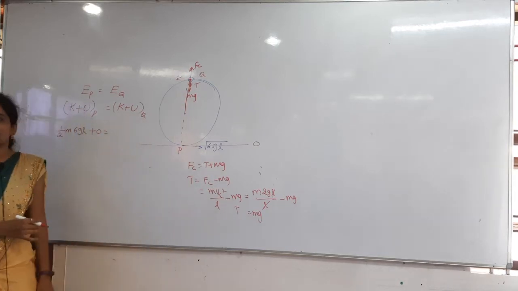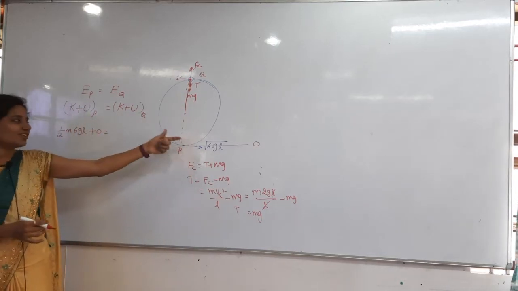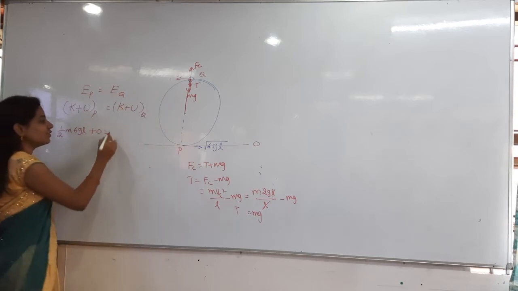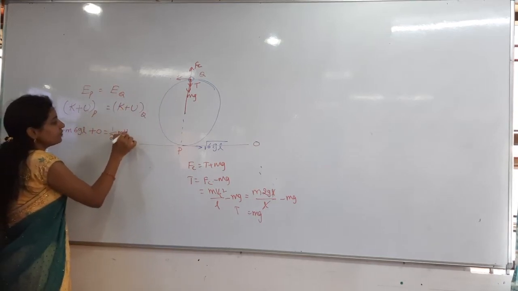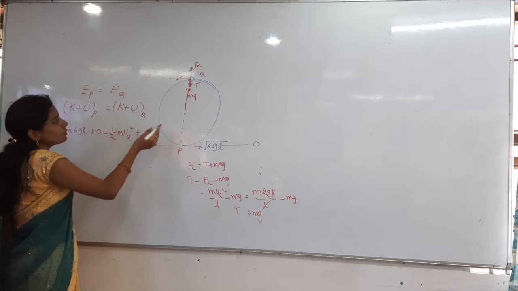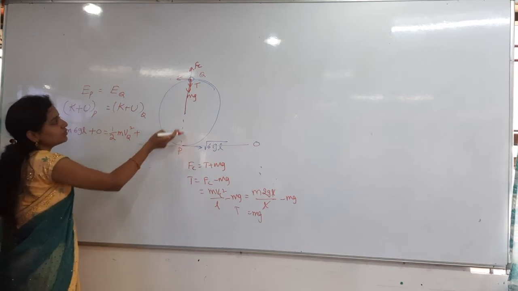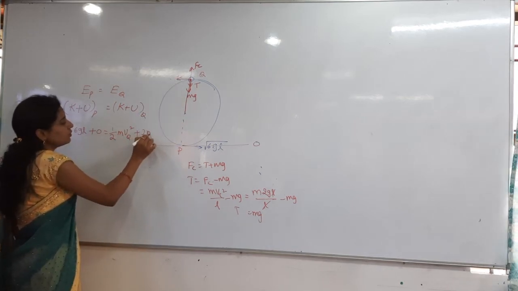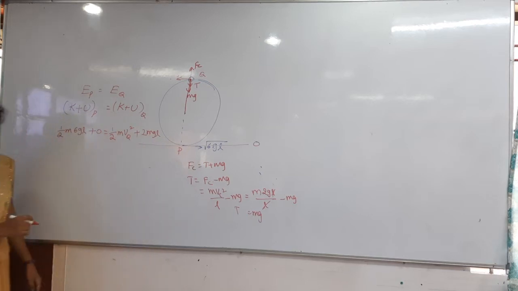Half m vq square plus the potential energy, which is mg into 2L, 2mgl. Clear?